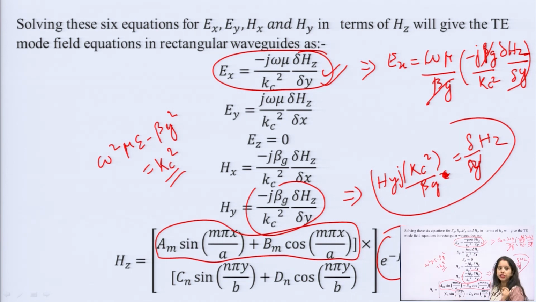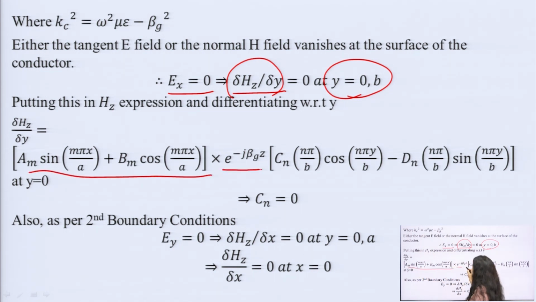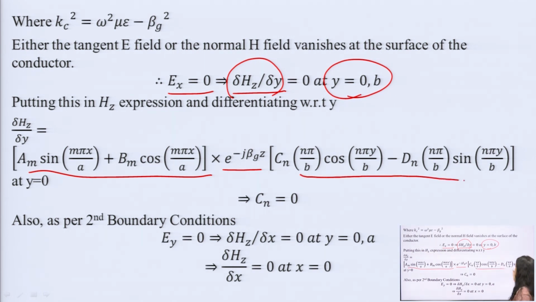So, the only differentiation is of the Cn term, the sine will change into the cos, and you will have n pi by b also: Dn n pi by b minus sine n pi y by b. This is the value we are getting. X function constant, z function constant, we are differentiating only y. So, here Cn will be equal to 0.